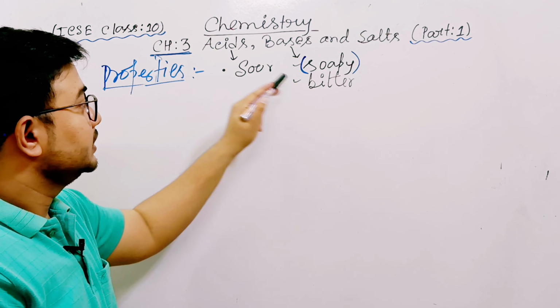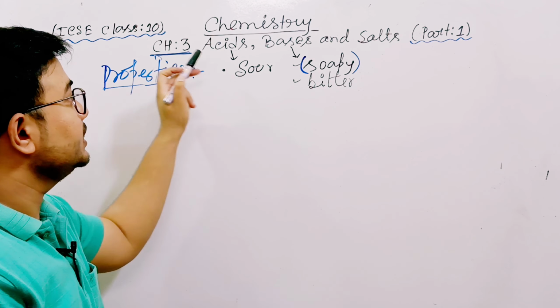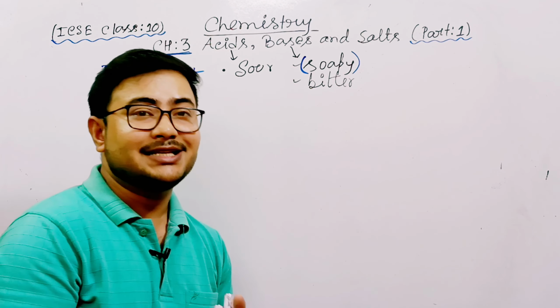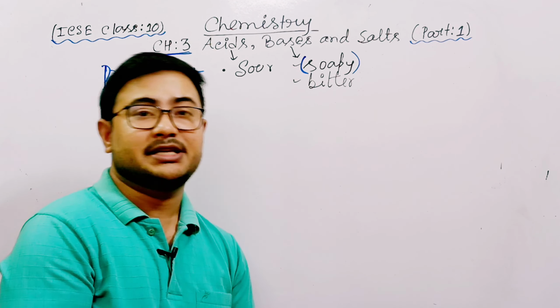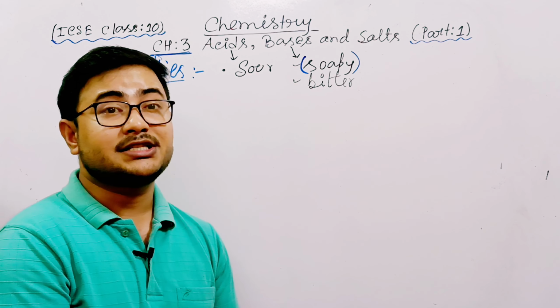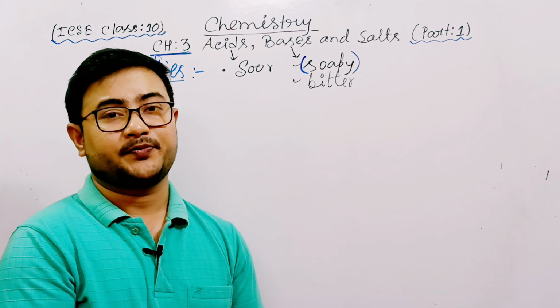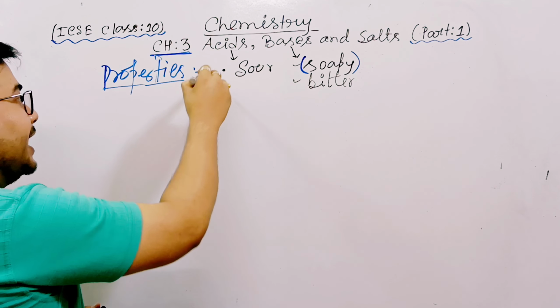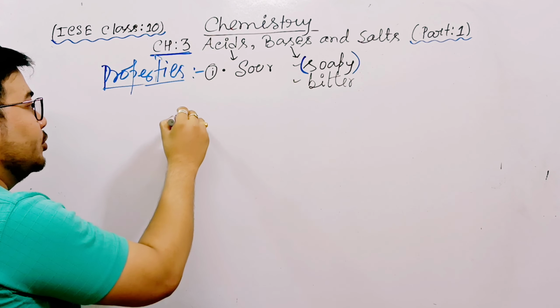So from the taste we can distinguish acid and base, but it is not advisable to taste all acids and bases because they are not safe for the human body. Okay, done. This is the first point, very easy and common.